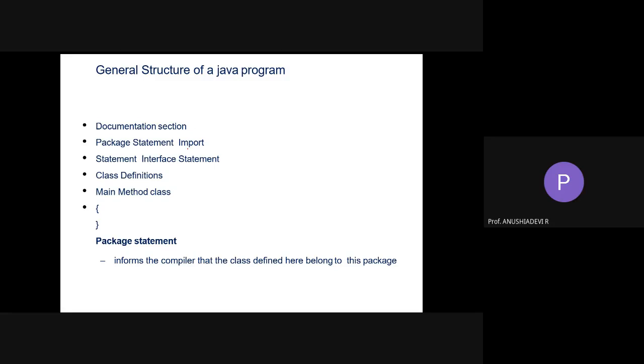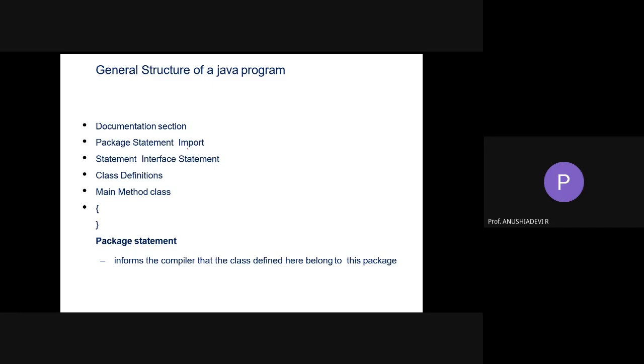Then I have to mention the package name, for example package sum, package add, subtract. And then the third statement, the interface statement. If you are going to implement multiple inheritance, you have to mention the interface statement.